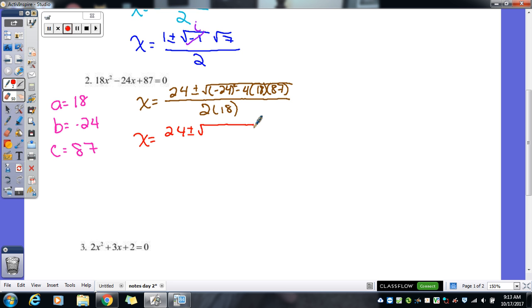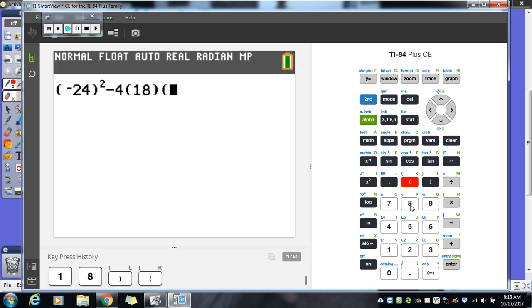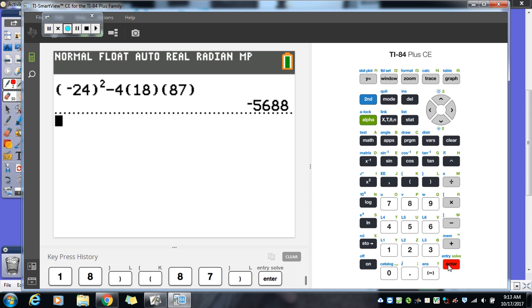Okay, so let's figure out what we got under the radical. So I got negative 24 squared minus 4 times 18 times 87. So literally everything I just have under the radical gives us a negative 5,688.